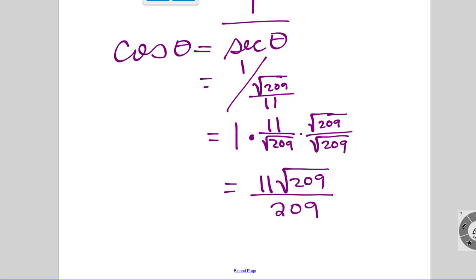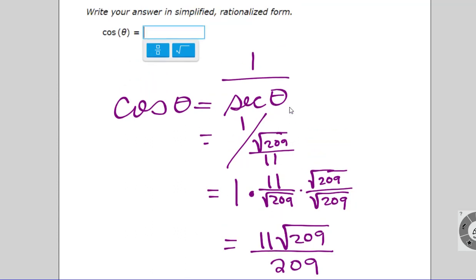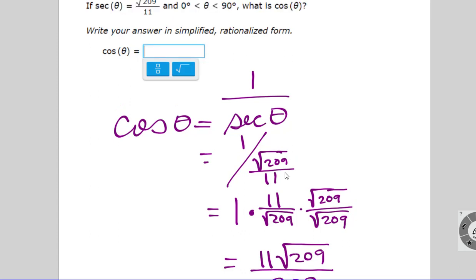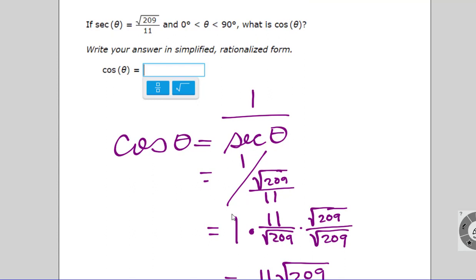So when you start with that, you find cosine, you get 1 over secant theta. Then from there you multiply with 1 over the square root of 209 over 11, and then you get that following step. Is that what you're talking about, this step right here? Yes. So I just plugged in what they gave me for secant, right?